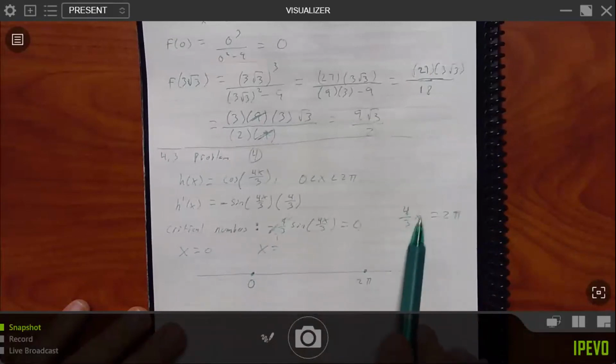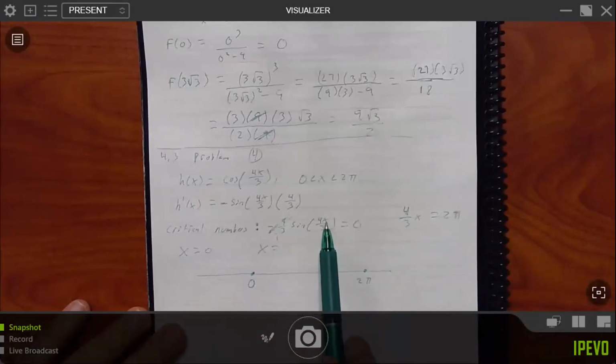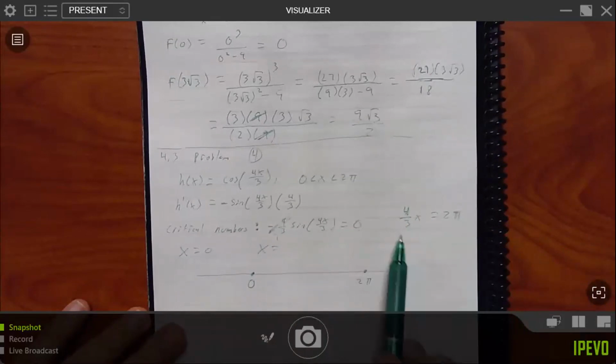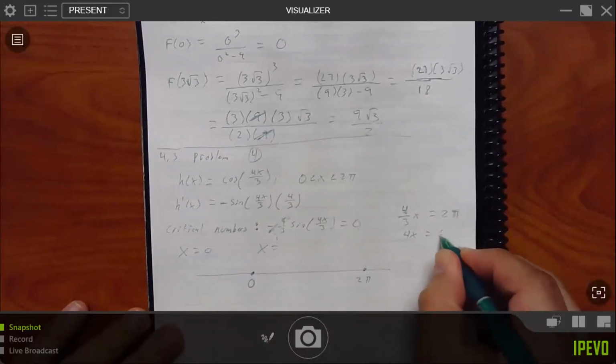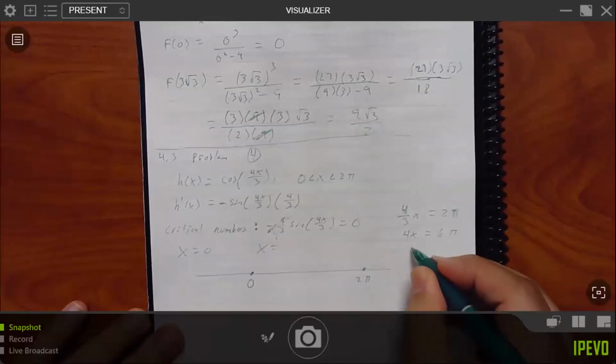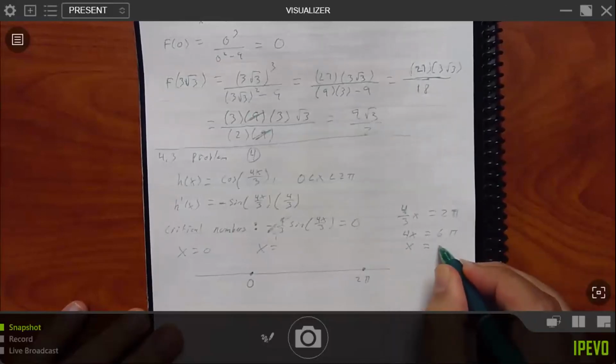No, what would make it equal to 2 pi? Oh, what would make it okay? So if I plug in some x right there, how do I make it result as a 2 pi? And if you can't see it, we'll solve for x, right? Right. So let's multiply both sides by 3. Divided by 4, I guess is this.